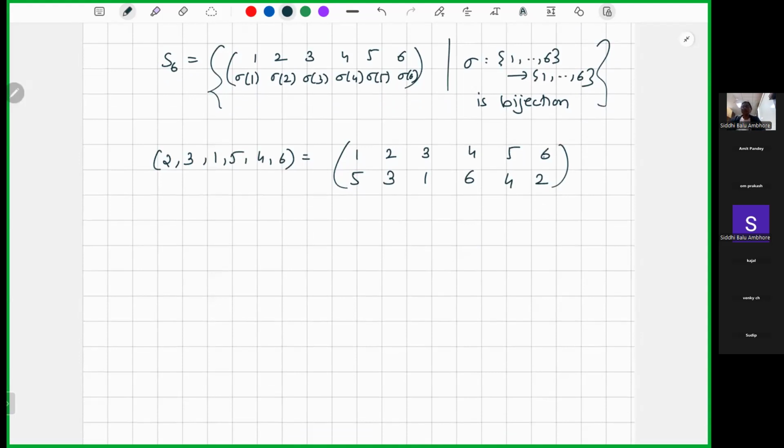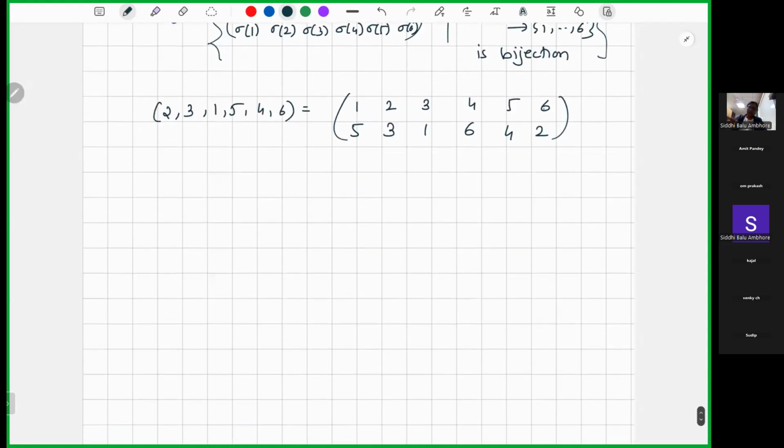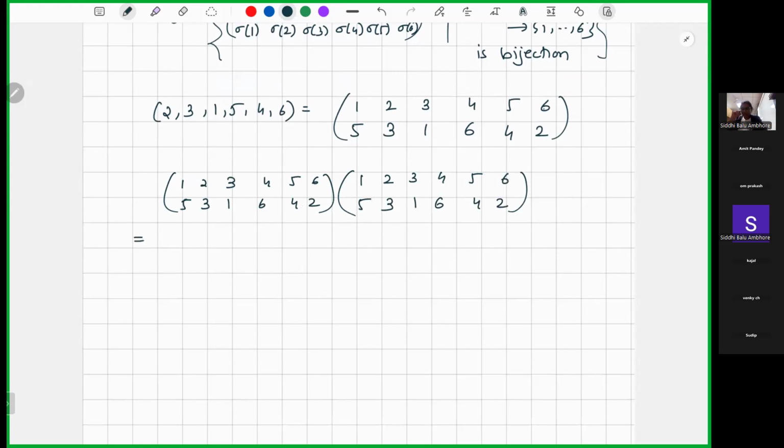Okay, and how the multiplication works here is like this. If I have, let me write this form here, 1, 2, 3, 4, 5, 6, and here 5, 3, 1, 6, 4, 2, and I have to apply multiplication here. It is again some permutation.